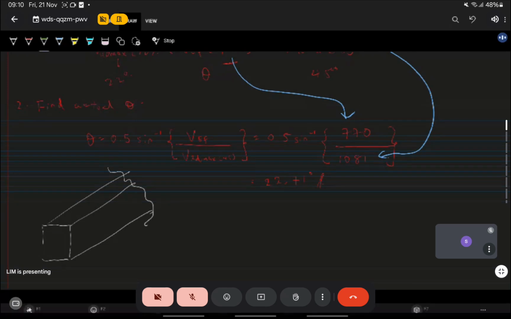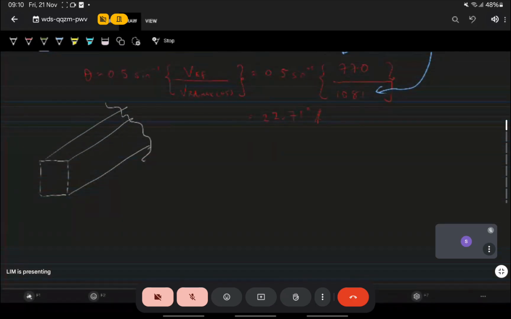The question says the links, the links which start here. I need a thicker one. So basically the links look like this in 3D. They are basically like square steel bars.